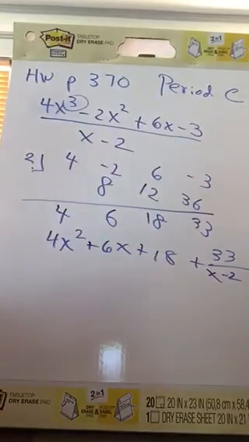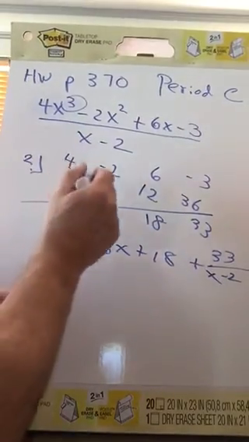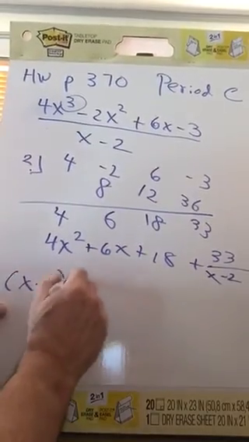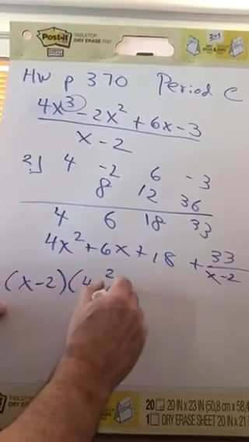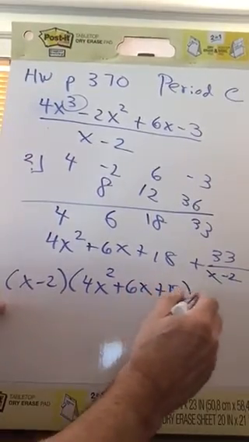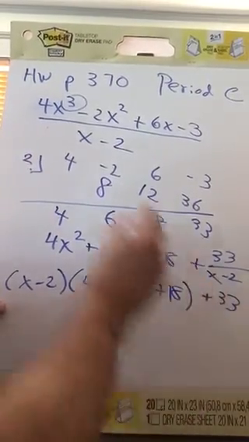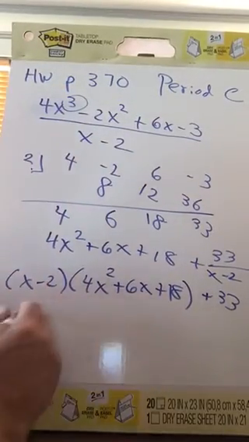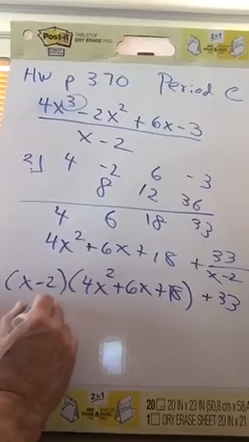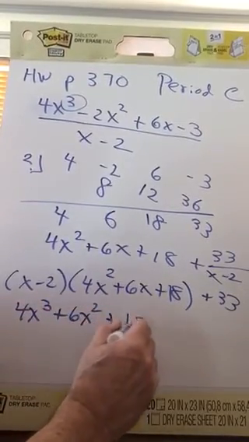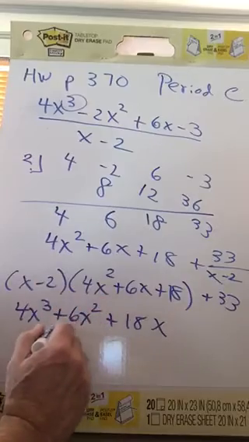Hopefully you understand that okay. But what this tells us is that if we now multiply x minus 2, the original divisor, by all this, 4x squared plus 6x plus 18, and then add in the remainder 33, we should get the original polynomial. Let's see. So I'll multiply x all the way through. I'll multiply negative 2 all the way through.